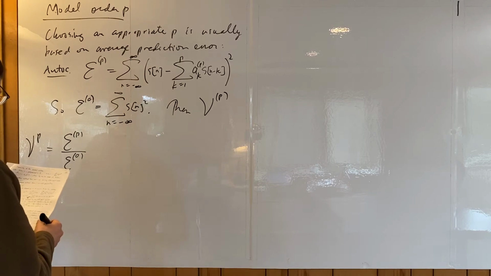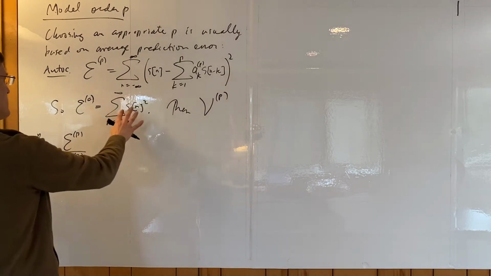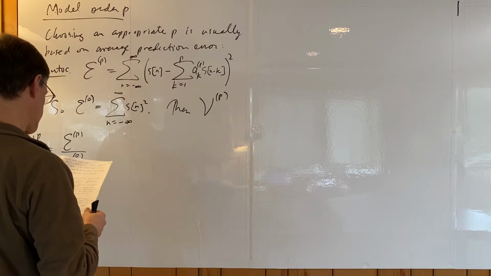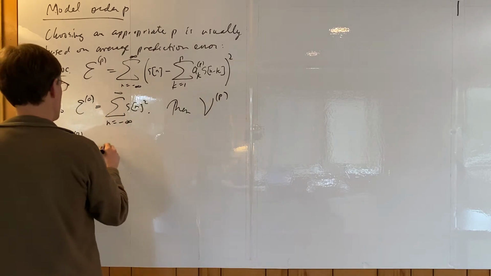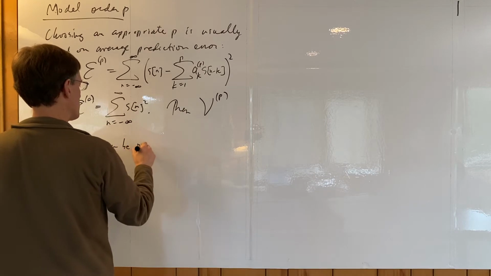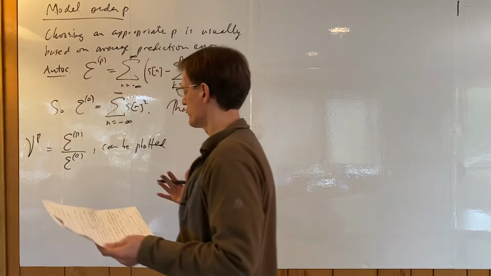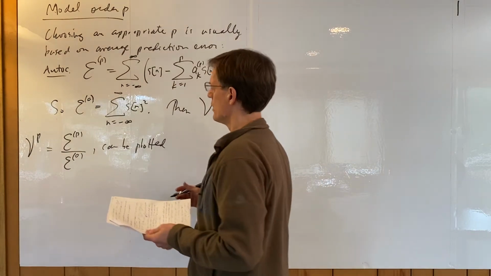Okay, and of course we have control over this being non-zero from the previous discussion that we had as well. So this thing can be plotted just as a real valued function of p.